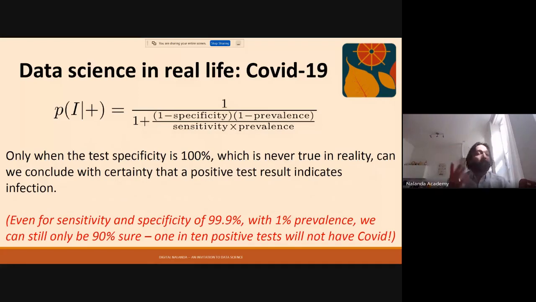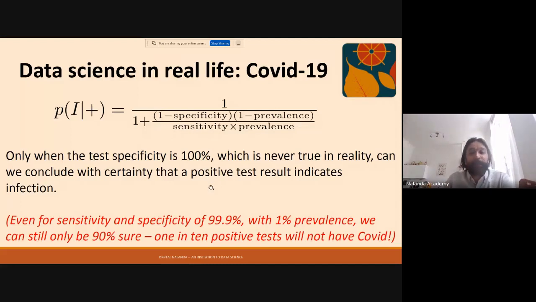So the test specificity will never be 100%. But only if one could design it would the probability that you're infected given a positive test result really equal certainty. We want this number to equal 1, and that's only true when the test specificity is 100% or the population prevalence is 100%, which gives you no information, because that's saying that everybody has COVID. So why bother testing?